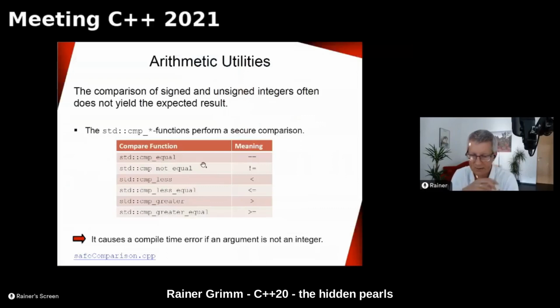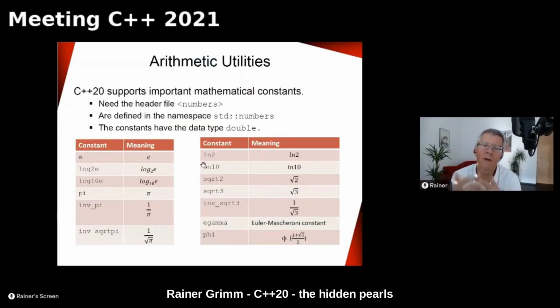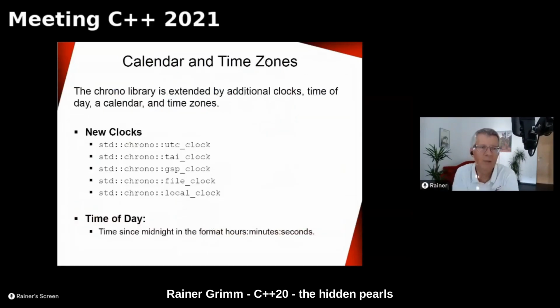Okay, let's continue. We have arithmetic utilities such as new constants. You see, I make it short, so you have to look it up, or you can read my blog posts. And now I come to a big feature in C++20. You may know that I have written a book about C++20, and in my second update, I looked quite detailed into this calendar and time zones addition to the Chrono library.